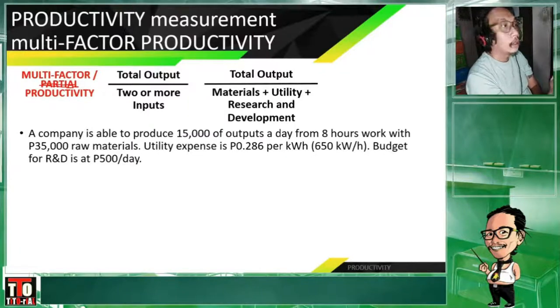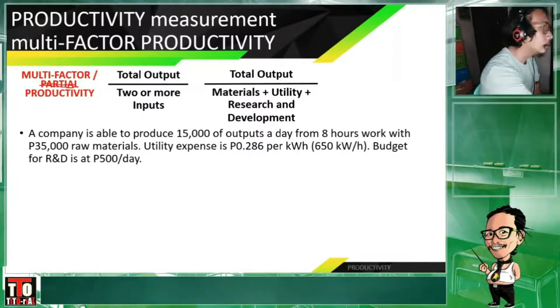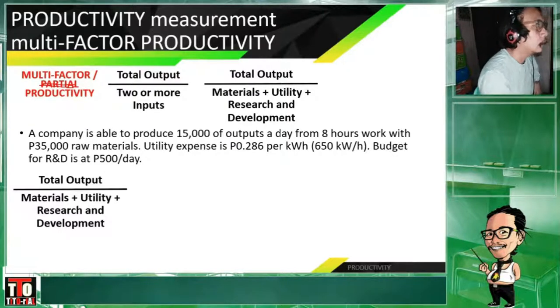Okay? So, for every kilowatt hour, there is 0.286. Now, how many kilowatt hours, or how much electricity is consumed per hour? That would be 650 kilowatts an hour. Now, the budget for research and development is at 500 pesos per day. Again, the formula.